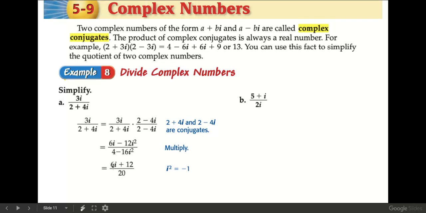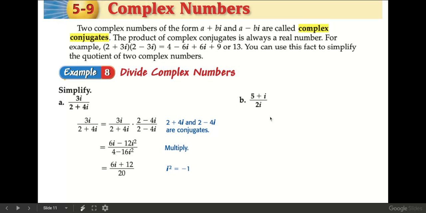So then I would have 6i plus 12 over 20, because this would just be 4. And then if that's negative 1, that's going to make that into positive 16. So that's going to be 20 there. And that would be my simplified answer here. In order to simplify complex numbers, you can't have a complex number in the denominator. That's why we use the conjugate.